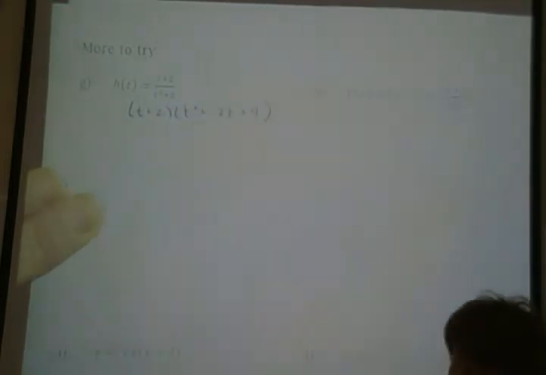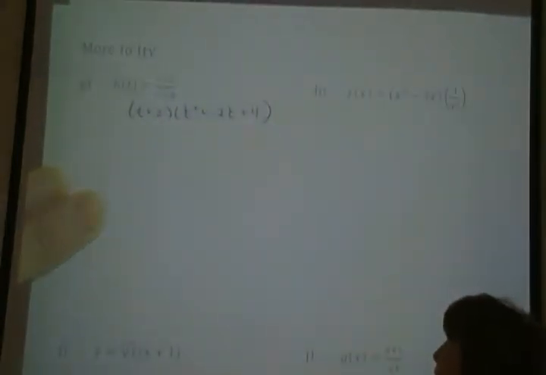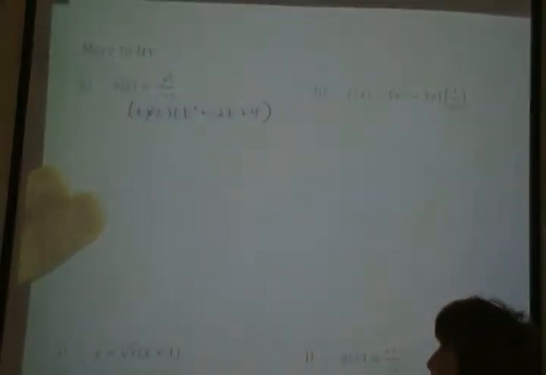But because I know how to factor the difference of 2 cubes, which is something that you should know, and then I can divide out the t plus 2, I can think about my function as 1 over t squared plus 2t plus 4 if t is not negative 2.